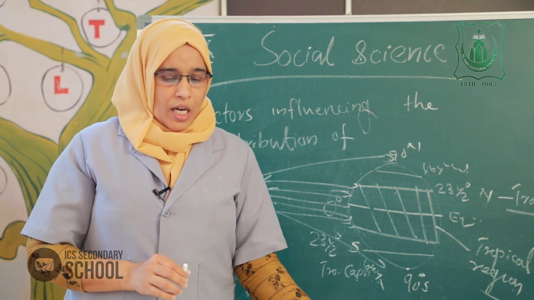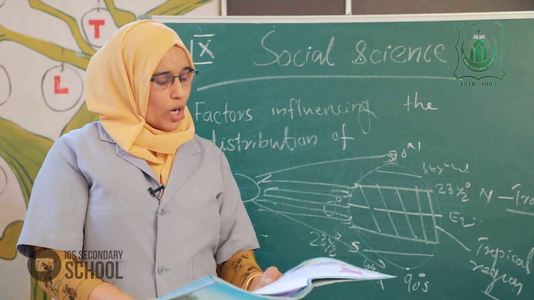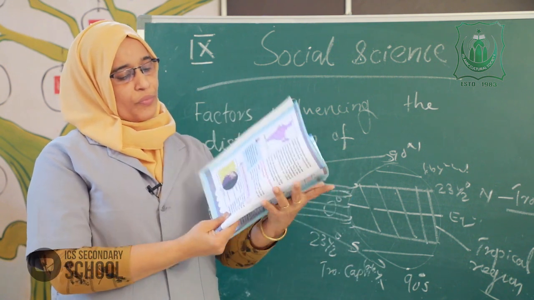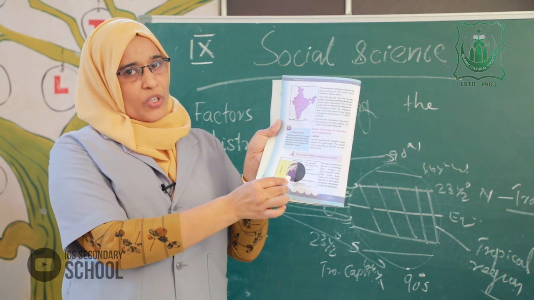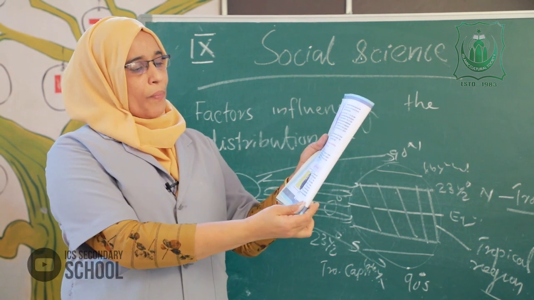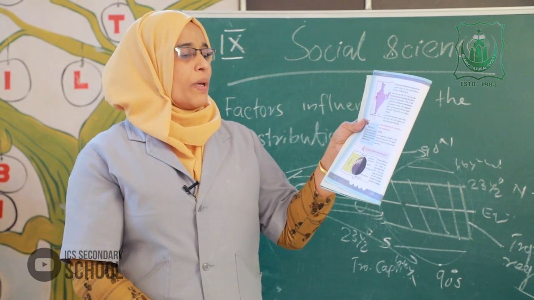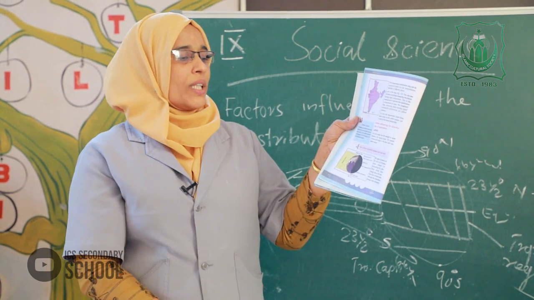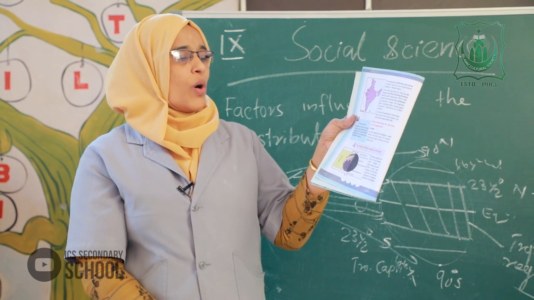Look at the textbook, page number 12. This is the picture. The angle of incidence of the sun rays becomes more inclined on approaching the poles. This causes more energy loss.